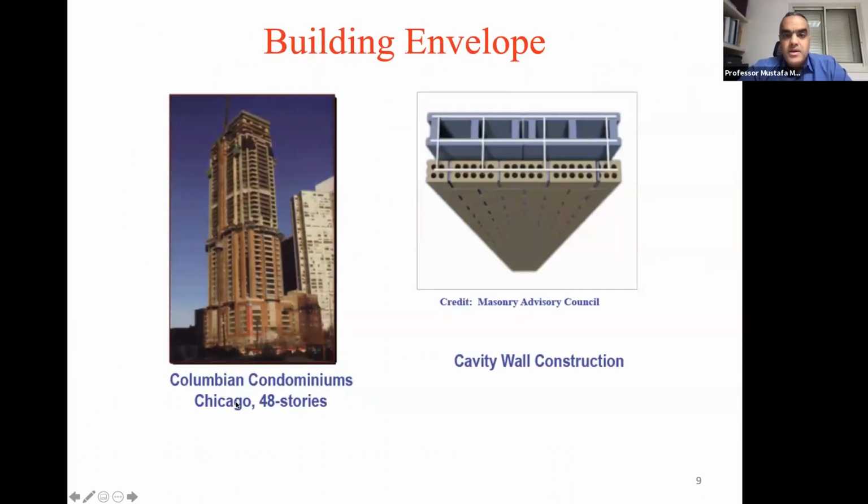Okay, building envelope. This is used a lot in older buildings and in new buildings. So here we have an example of a building that is not old. It's a Columbian condominiums in Chicago. It's 48 stories. This building is not old.